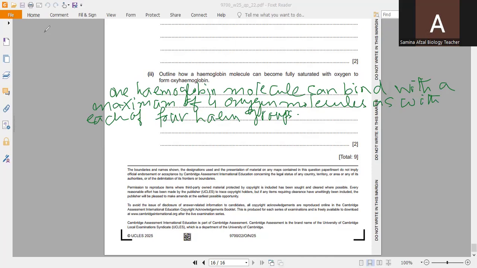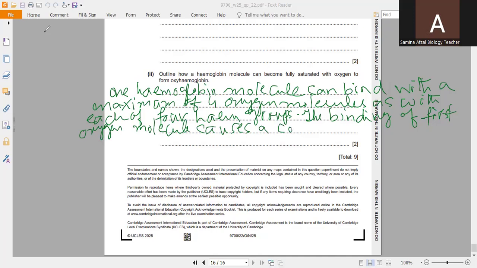The binding of the first oxygen molecule causes a conformational change.